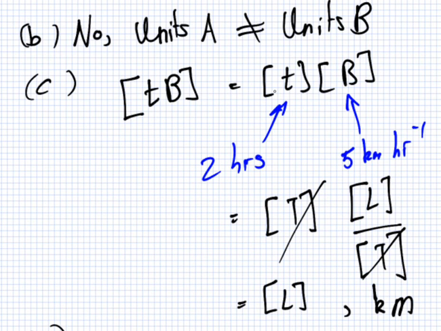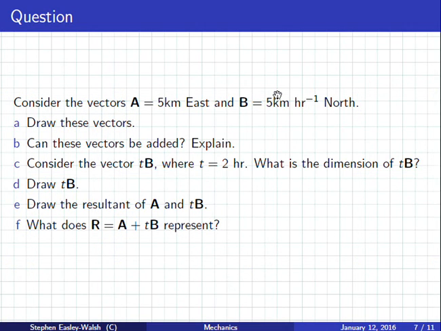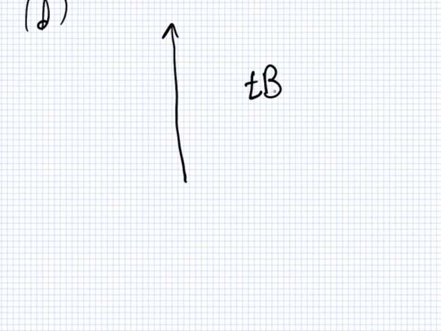Yeah. So it doesn't matter that they're vectors. What's more important is that they have the same units. So in fact here we say no because the units of A, or the dimension of A, does not equal the units of B, which means it's not possible to add them.